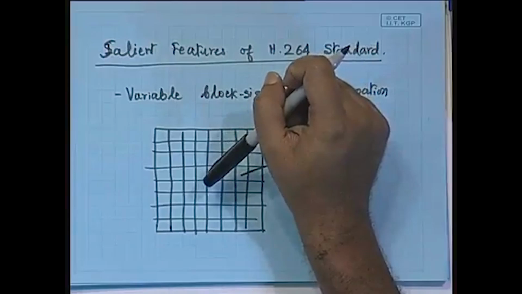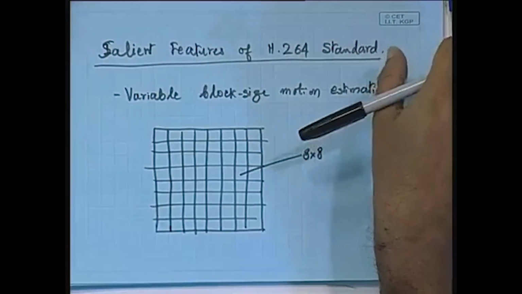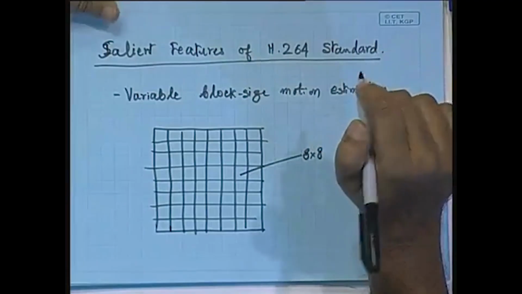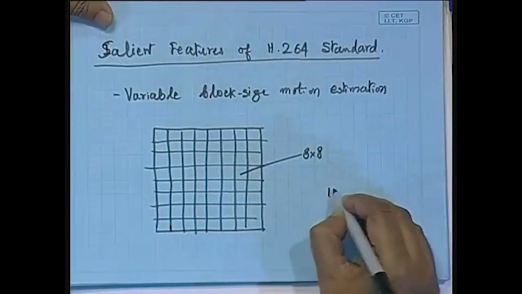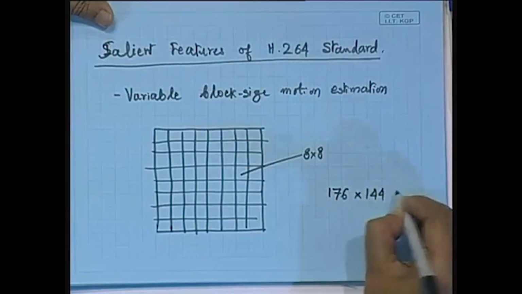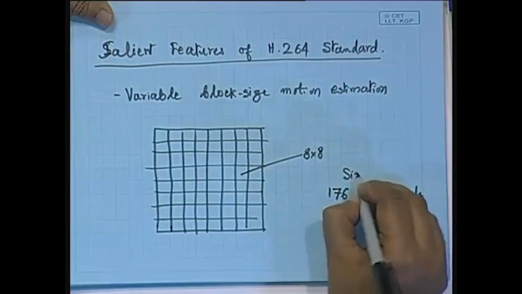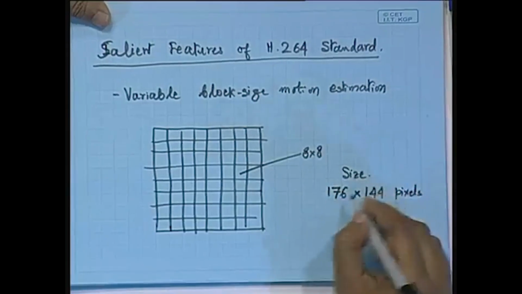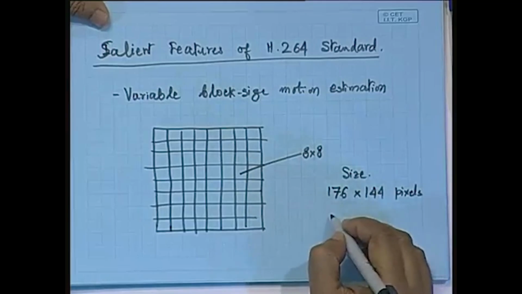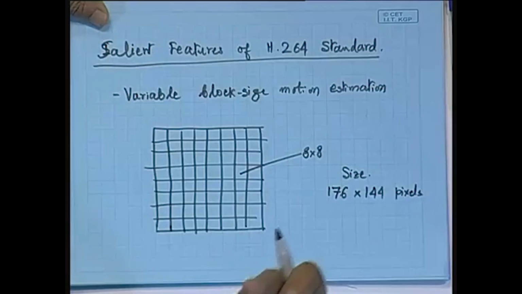First advantage is that, let us take some specific example. Let us say that the image size is 176 by 144 pixels. Say we use this size. In fact, this is a very standard size which is used in the small sized images.